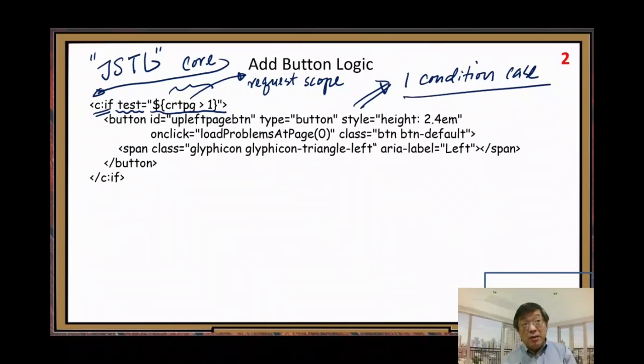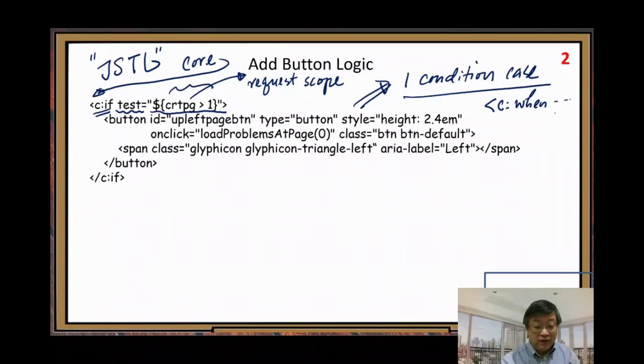But sometimes you may need to do a multiple condition statement, right? So this is a single condition statement. If you want to do multiple conditions, you need to use another tag called C:when. So if, when, two different tags.